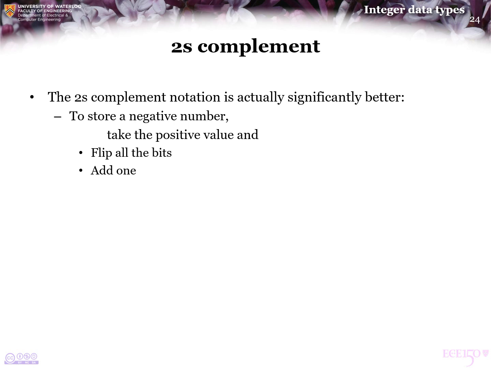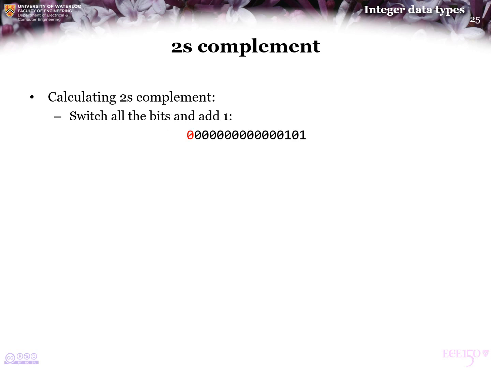The 2's complement notation is actually significantly better. To store a negative number in a fixed number of bits, take the positive value and, to turn it into its corresponding negative number, flip all the bits and add 1. So, calculating the 2's complement, all we do is switch all the bits and add 1.